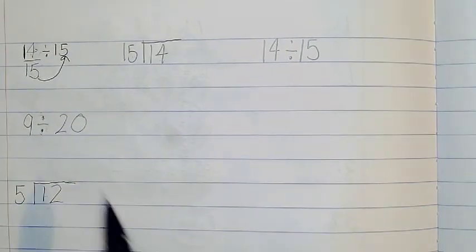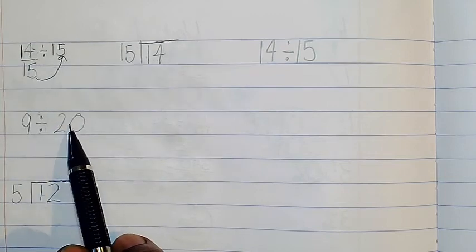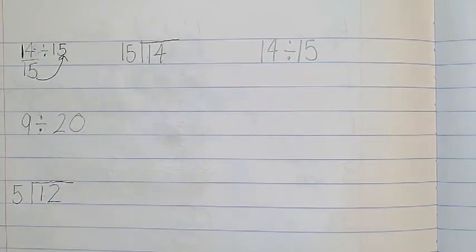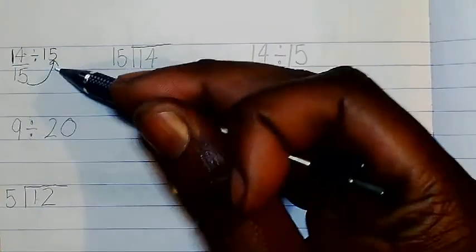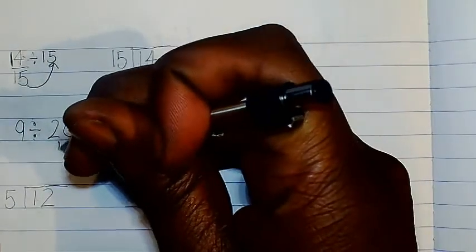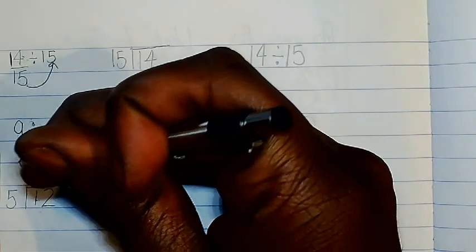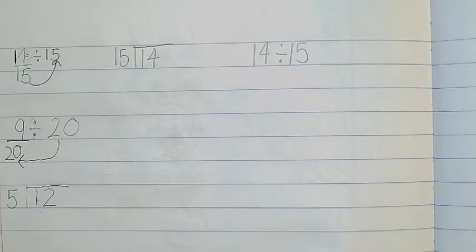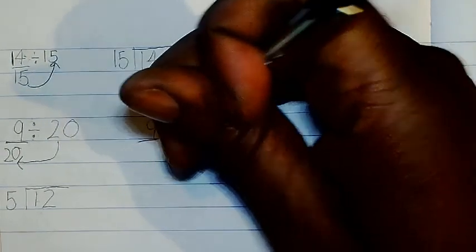Okay? For 9 divided by 20, if I wanted to show this as a fraction, I'll similarly, like I did here, swing the divisor, and then that's my fraction. So I'm going to rewrite my fraction here. 9 divided by 20.